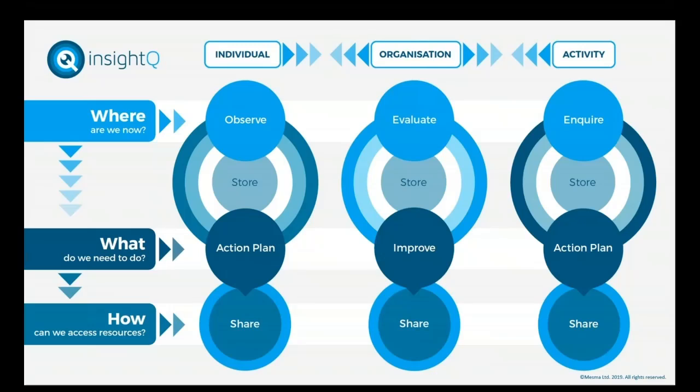Moving on to what we need to do. So in addition to the action plans that are built into Observe and Inquire, Improve supports quality improvement planning at a departmental and organisational level. So the advantages of insightQ online quality improvement planning include that it encourages involvement and accountability of your colleagues. It'll save your coordinators time and your managers time in coordinating activity.